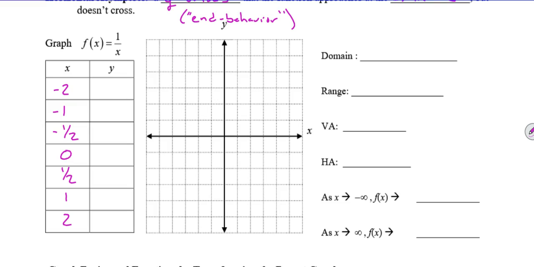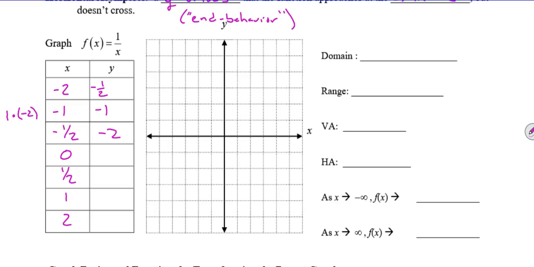Now let's see what happens if we plug this in. If I plug in -2, this is going to be -1 over 2. If I plug in -1, it's -1. If I plug in -1/2, well, 1 divided by a half is like 1 times its reciprocal, which is -2. If I divide by -1/2, I should get -2.